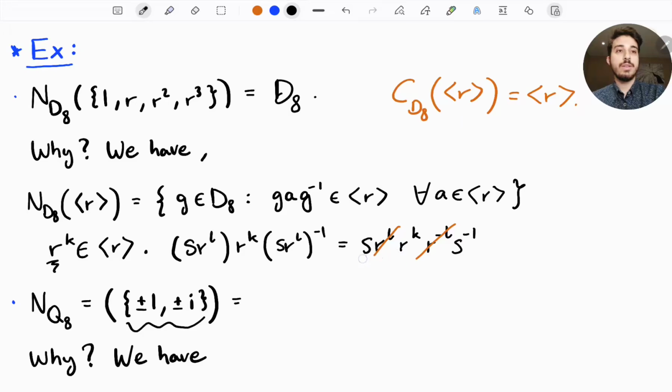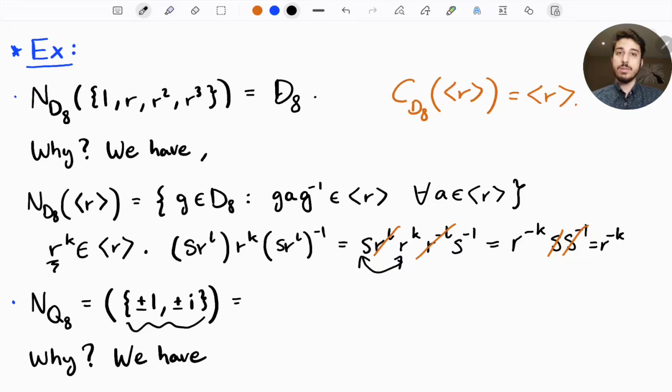And we know that switching the order of these two is going to switch the sign of the k here, giving us R to the minus k times S to the minus 1. Canceling these two, we end up with R to the minus k.